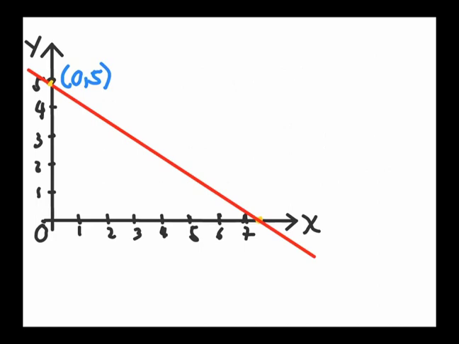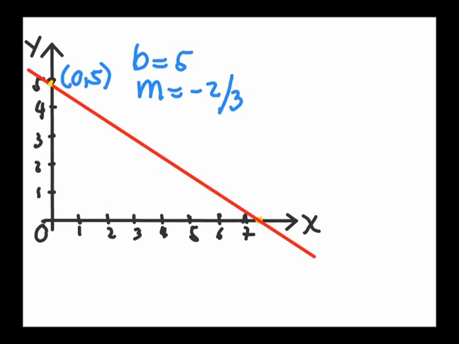So as we can see here, the line intersects the y-axis at the point 0, 5, telling us that the y-intercept denoted by b is equal to 5. In the problem, we are also given the slope of the line, which is equal to negative 2/3. Okay? We are to look for the equation of the line in standard form, right?